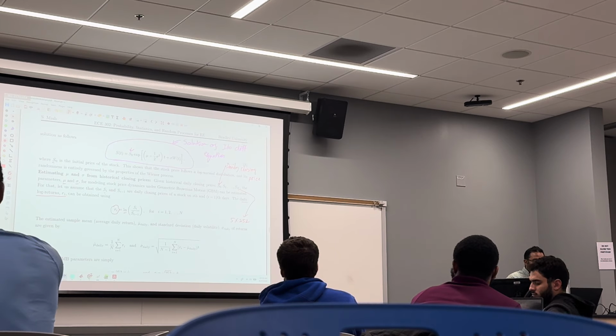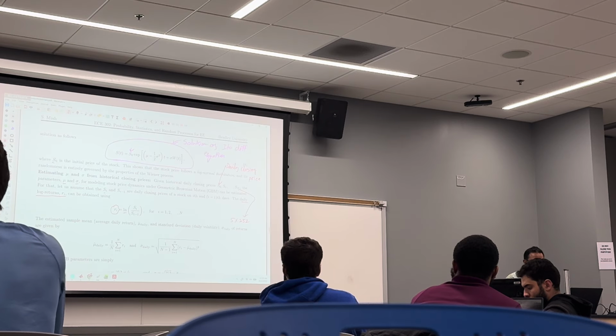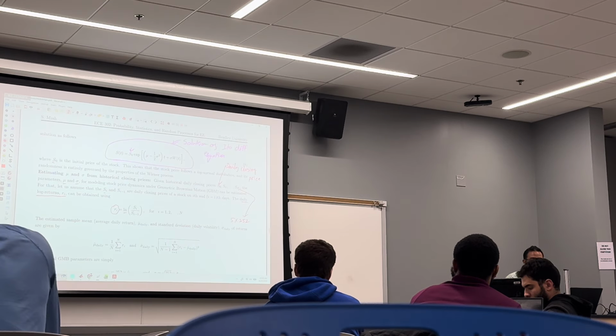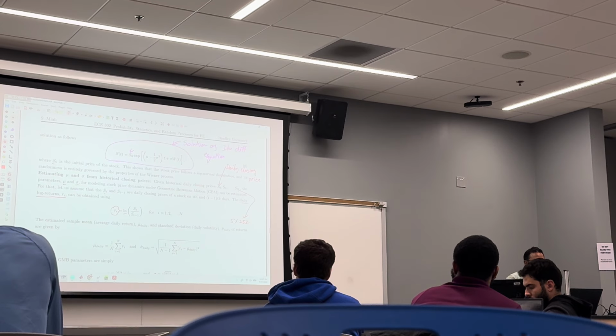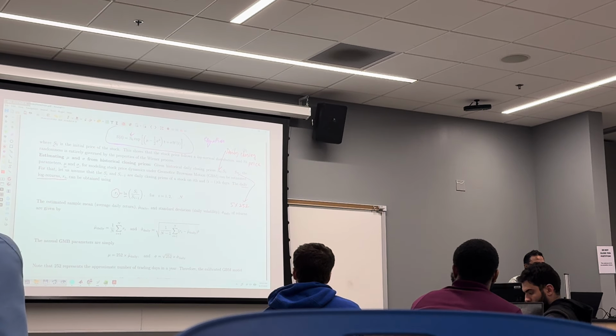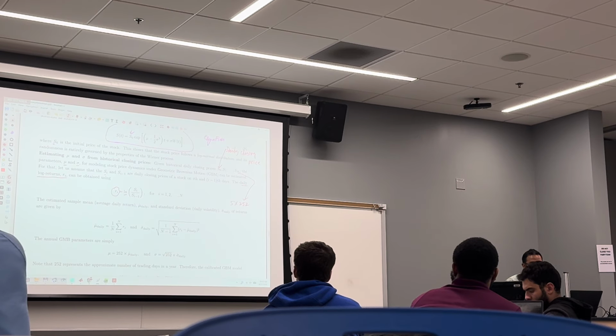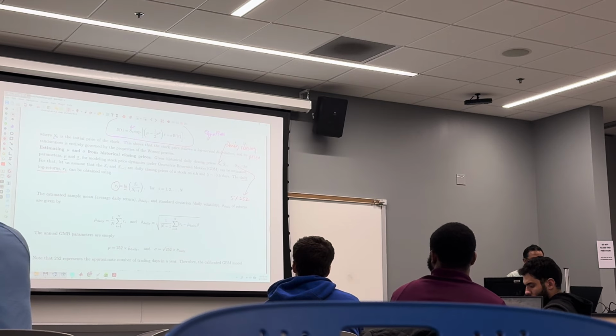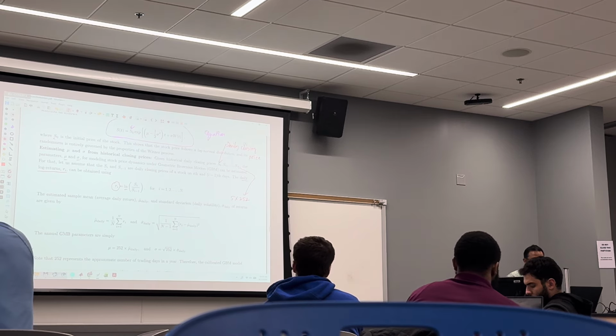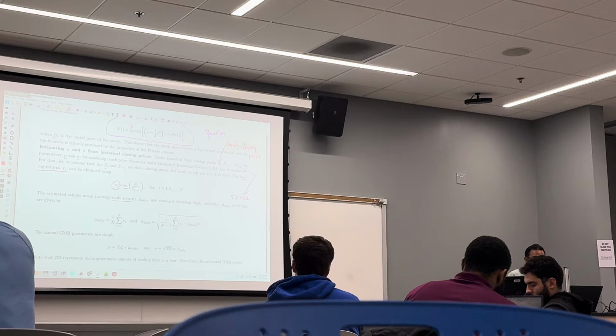Now the estimated sample mean, or average daily return, mu hat daily, and the standard deviation, or daily volatility of returns, are given by this formula. So now you have mu daily and sigma daily. You use this formula to find the estimated daily return and estimated daily volatility.